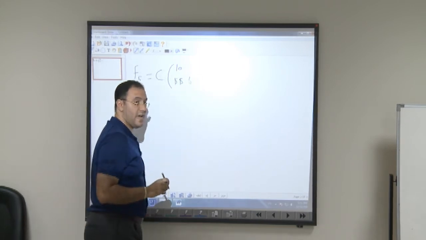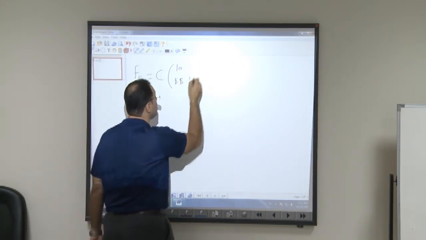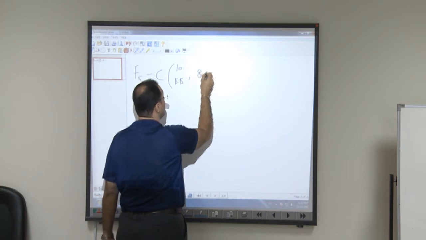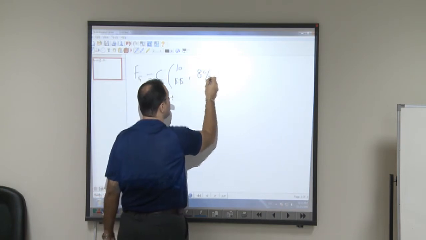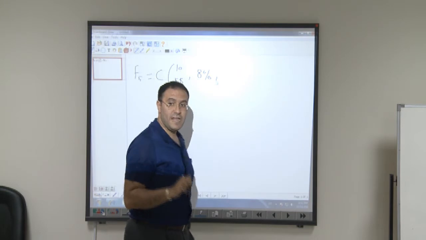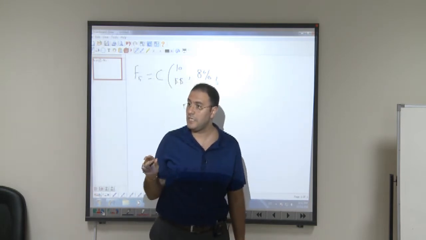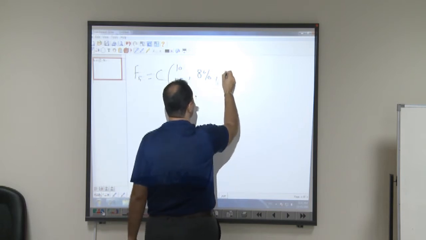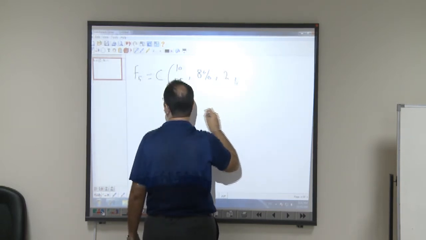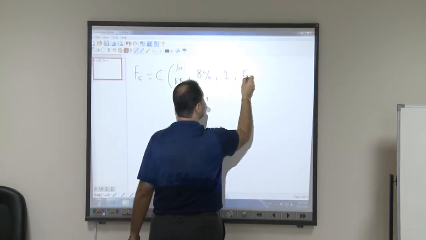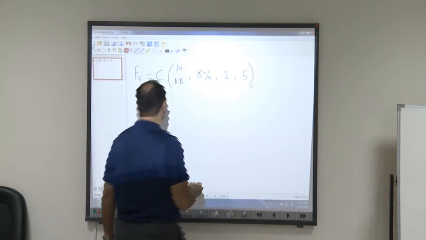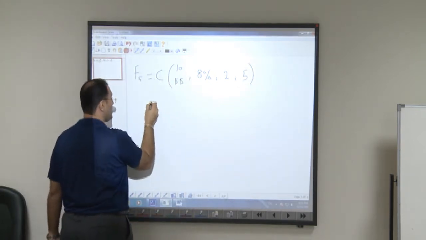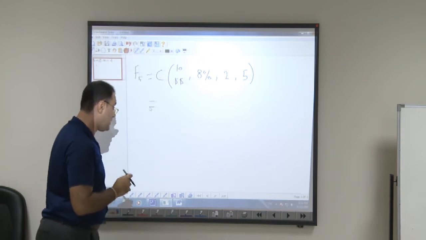We have an R of 8%. We have an M of 2 because it's semi-annual. And we have an N of 5 years. And the answer is going to be what?